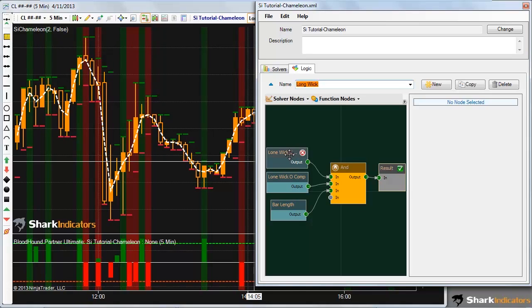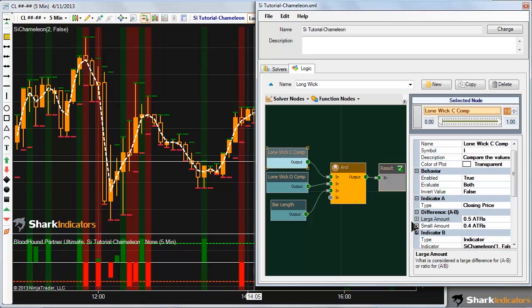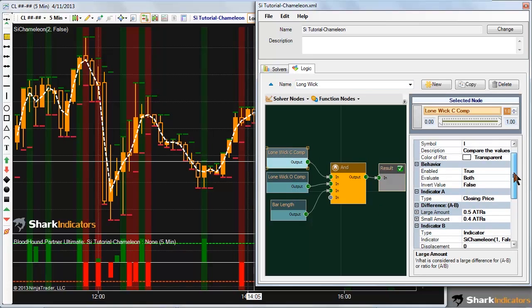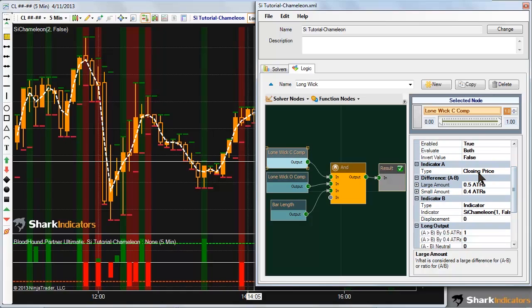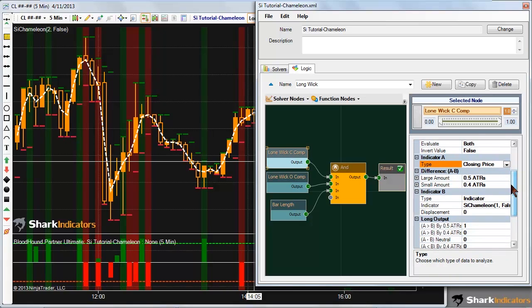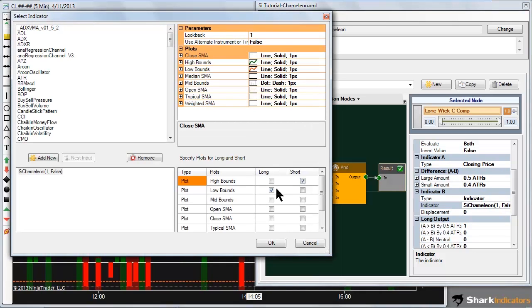And the way I accomplish this is I'm comparing the closing price to the low for longs and the high price for shorts.